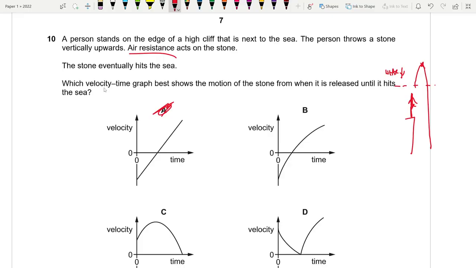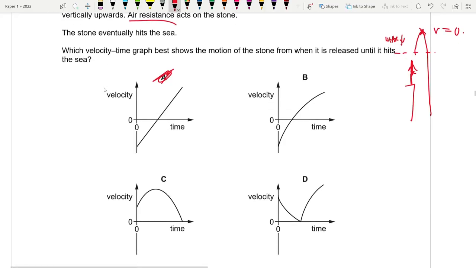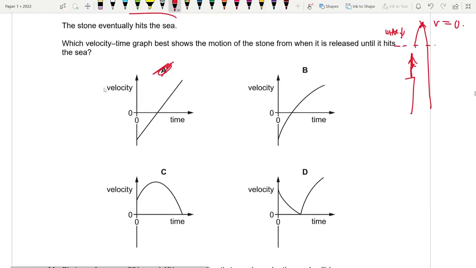Now what? At maximum height, you guys know what happens to velocity. Velocity will be equal to 0. So we need a point on the graph where velocity equals 0. C can't be the answer because we had initial velocity, but at the midpoint velocity was not equal to 0.